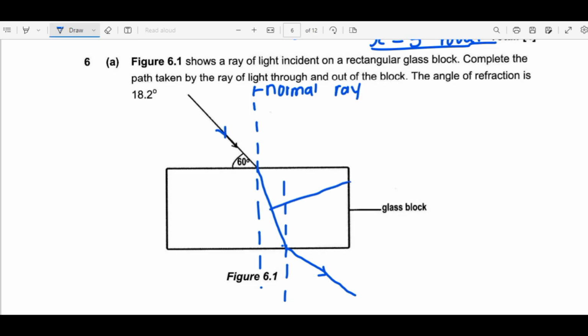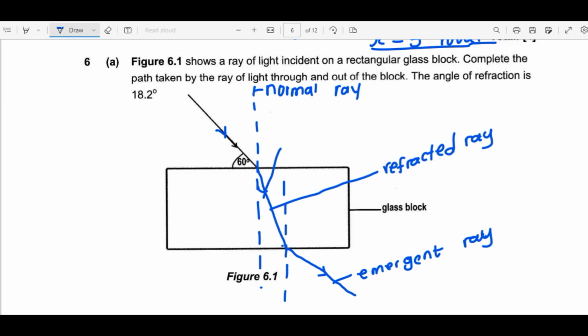So this is the refracted ray, then we have the emergent ray. Then the angle here is given as 18.2 degrees. So we have done the first part of our question.